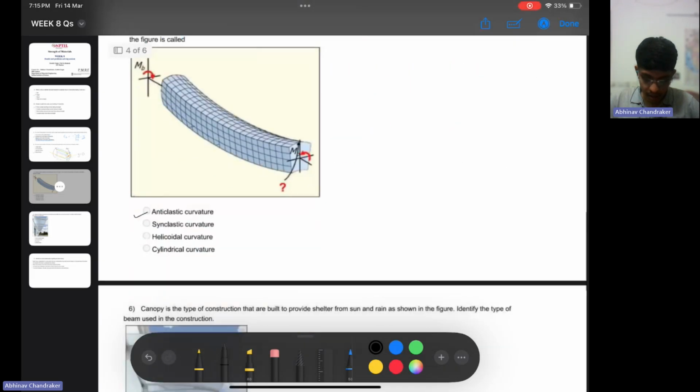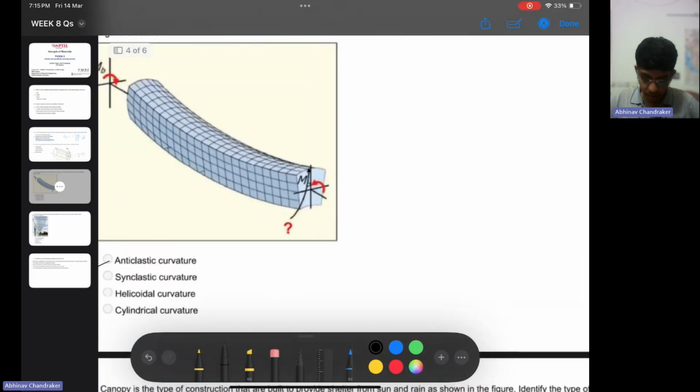The reason for that is that if you look at this point on this plane, let me see, if this is the x, y, and z plane, then if you look at the yz plane and look at this curvature, then it is positive.